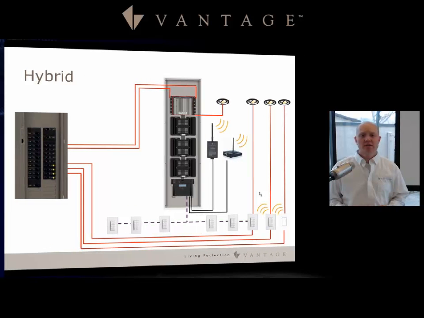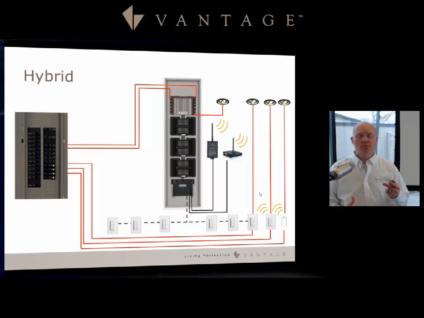Or a hybrid system, for example, if I had a home that was under construction, but it was a remodel and additions, so I was able to get wiring in to a lot of the locations. I was able to get the panel-based system, which gives me the best load control options and things like that.